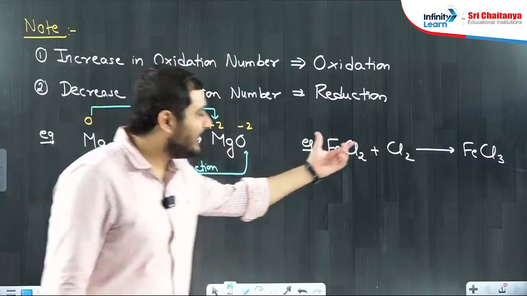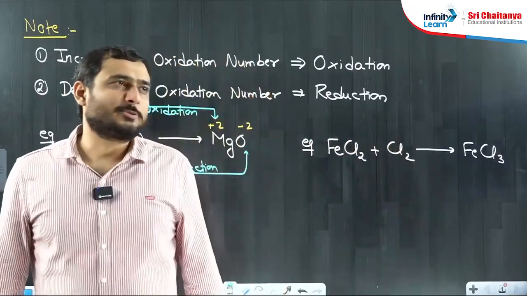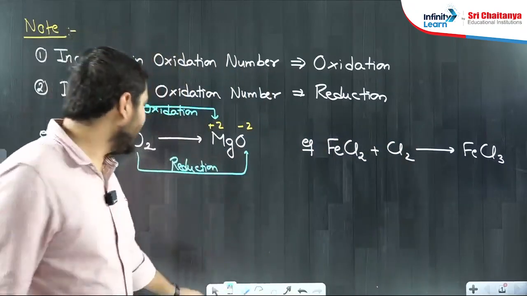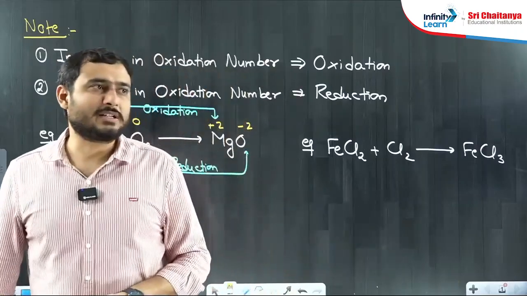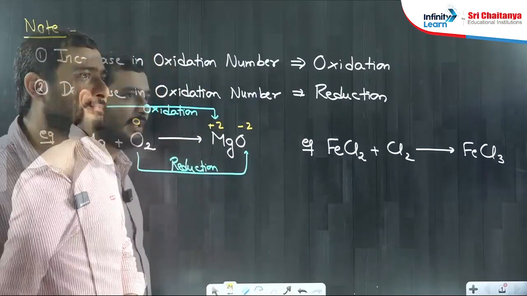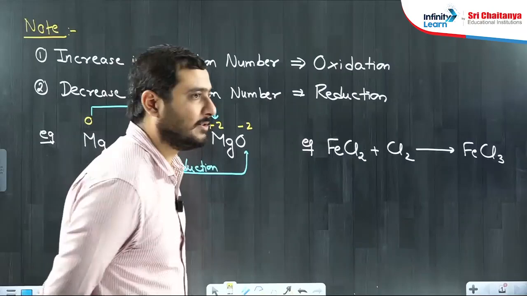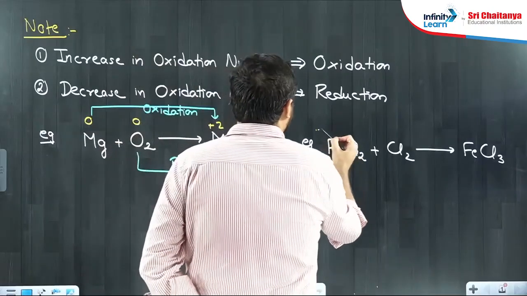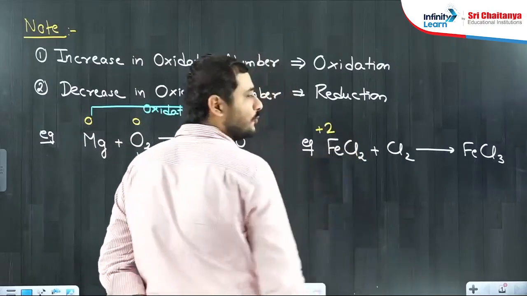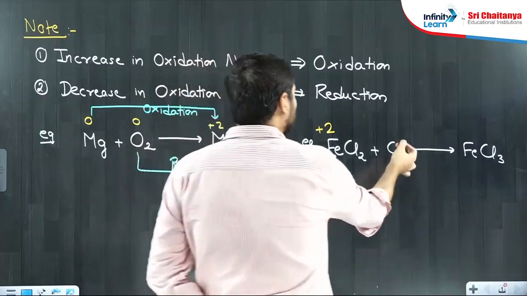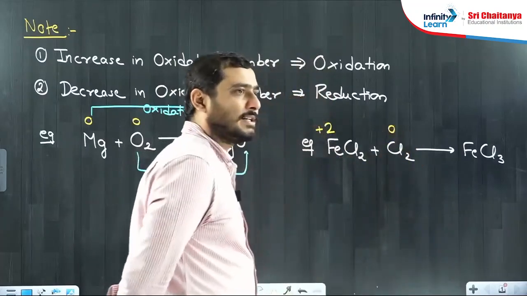Same in the second example, you have to tell which species is getting oxidized and which is getting reduced. FeCl2 plus Cl2 gives FeCl3. Fe is oxidized. Very good. Now in FeCl2, ferrous chloride, Fe is plus 2. In Cl2, elemental state 0.